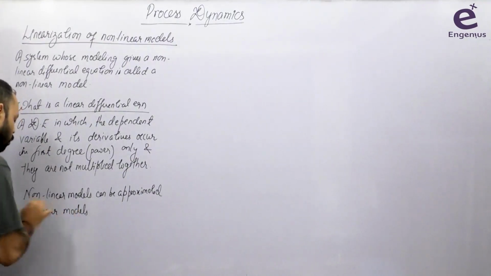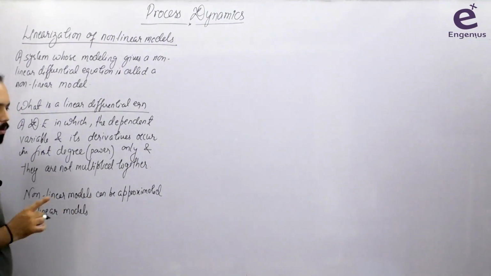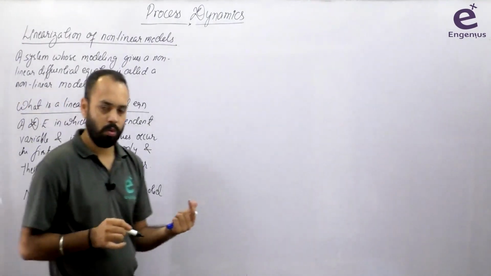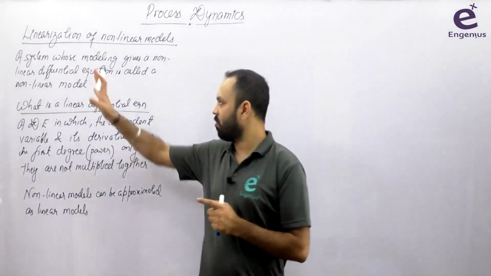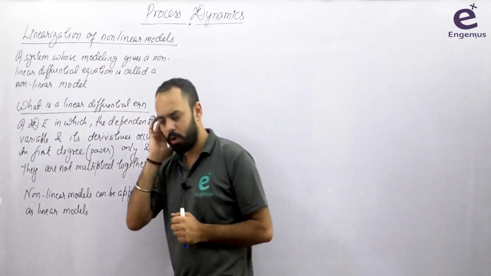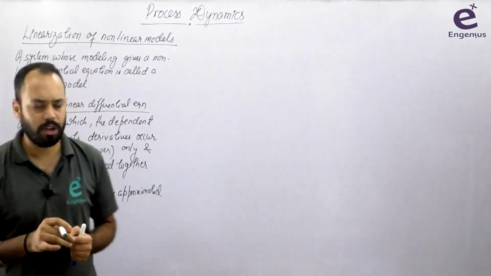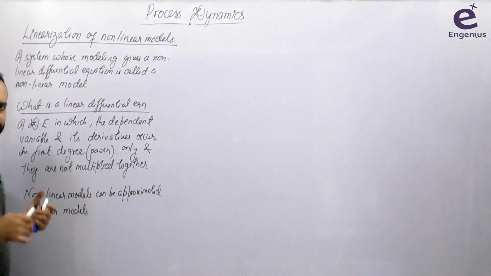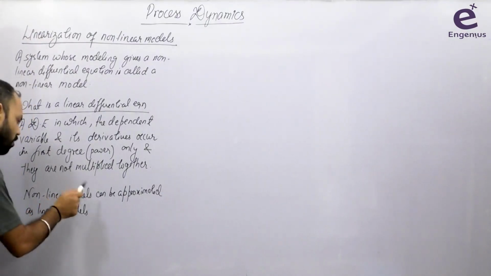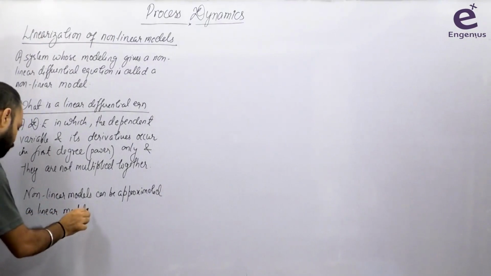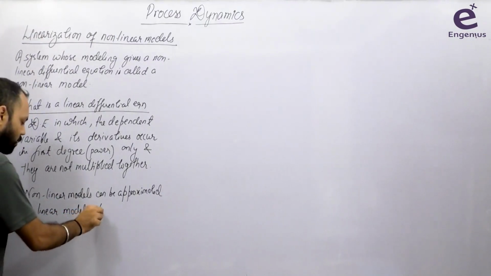I'll tell you. Non-linear models can be approximated. मतलब मैं non-linear की modeling करूंगा, approximation करके उसे linear मान लूंगा. This process is called linearization. We are modeling a non-linear system and approximating its behavior as a linear system. Non-linear models can be approximated as linear models, which is called linearization.